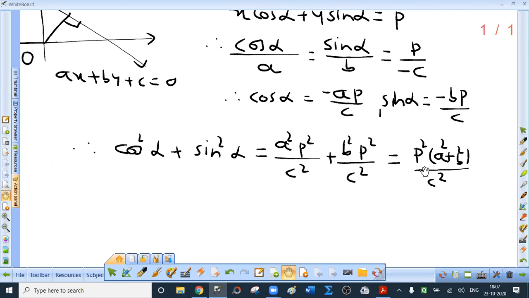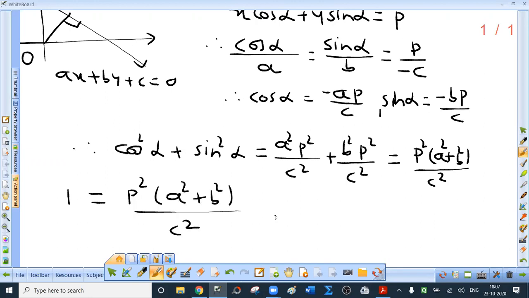Take P square upon C square common to get this. So in the next step, I will say 1 equal to P square into A square plus B square upon C square. We are interested in finding P. So I rearrange the terms. So what is P square from this? It is C square upon A square plus B square.